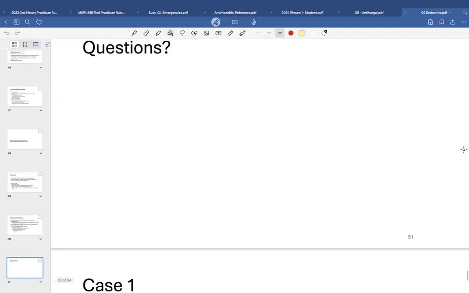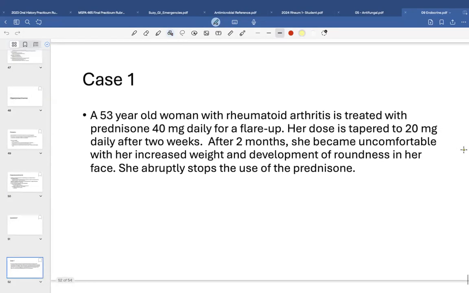Right, the quick cases then. We have a 33-year-old who has rheumatoid arthritis and is treated with prednisone, 40 milligrams a day for a flare-up. We cover rheumatoid arthritis in a lot more detail in the EMJ unit, which I think is really soon. Her dose is tapered to 20 milligrams a day after 2 weeks. But then after 2 months, she becomes uncomfortable with her increased weight and the roundness in her face.